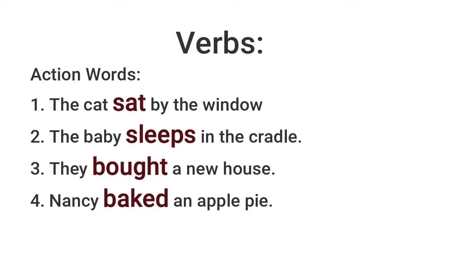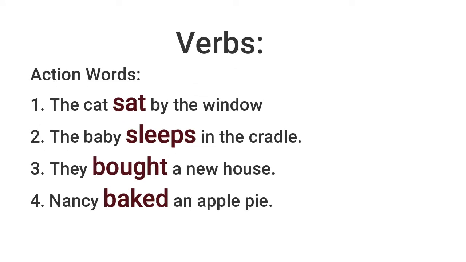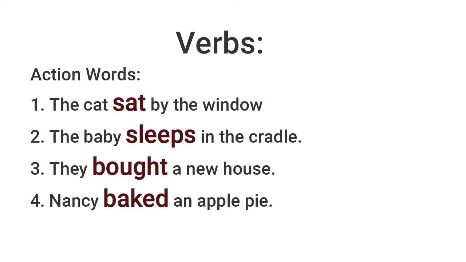Action words. The cat sat by the window. Here the action that the cat is doing is sitting, sat. The baby sleeps in the cradle. What is the action the baby is doing? Sleeping. Next, they bought a new house.